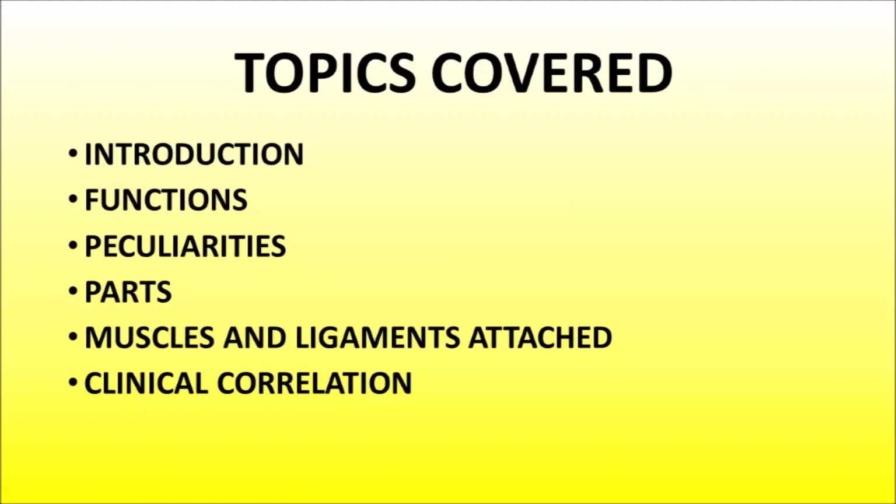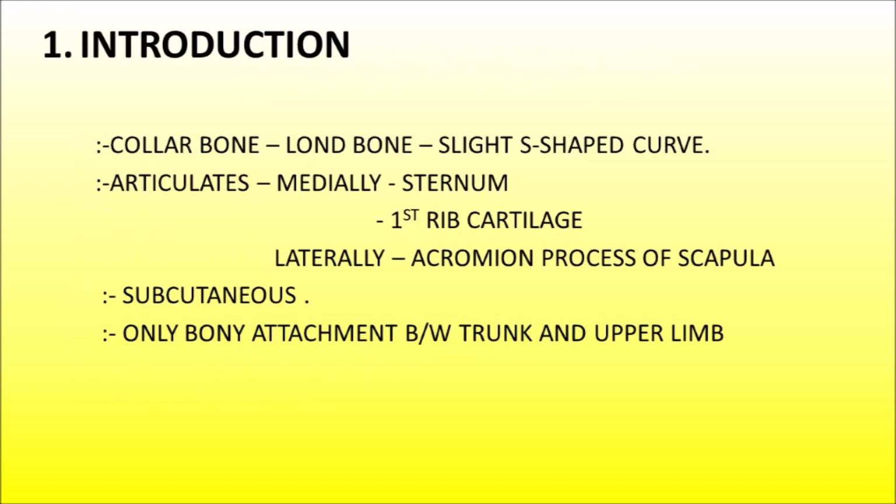Under clavicle, we will be discussing in detail its introduction, functions, peculiarities, parts, muscles and ligaments attached, and its clinical correlation. To start with its introduction, the clavicle or the collarbone is a long bone with a slight S-shaped curve.